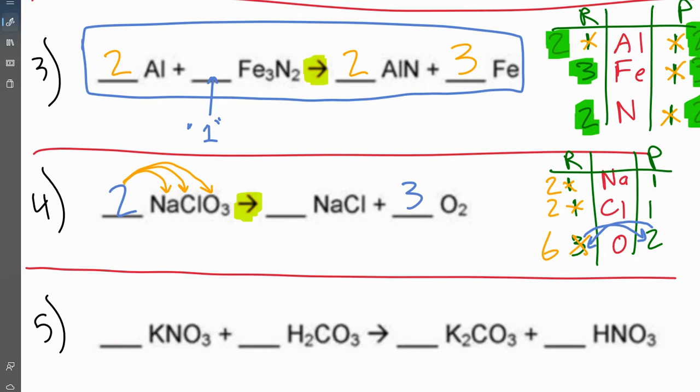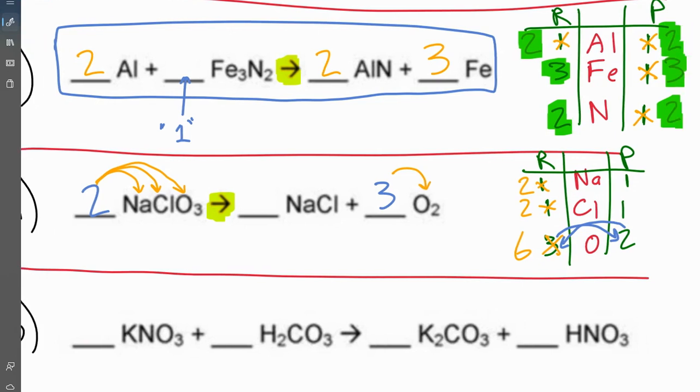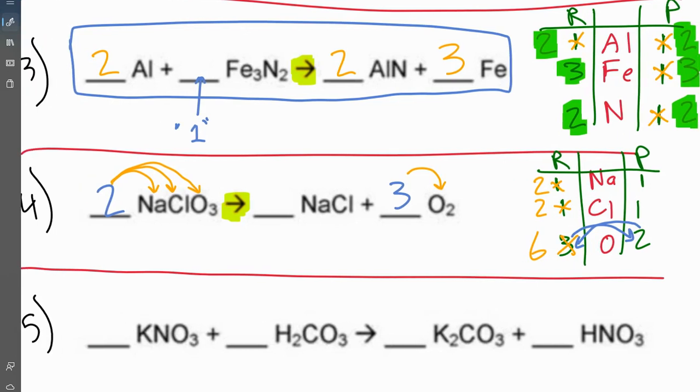It's important to note that this is times. We are multiplying. It is not adding. So we took care of all those. But now we have this 3 over on the right side. We have 3 O2s, so instead of 2 of them, now we do 3 times that little 2. Now there's 6 oxygens.